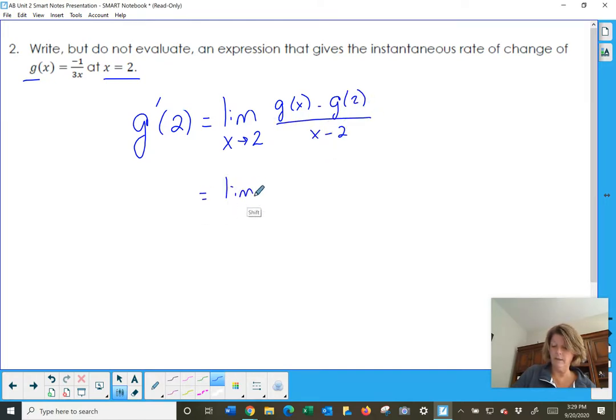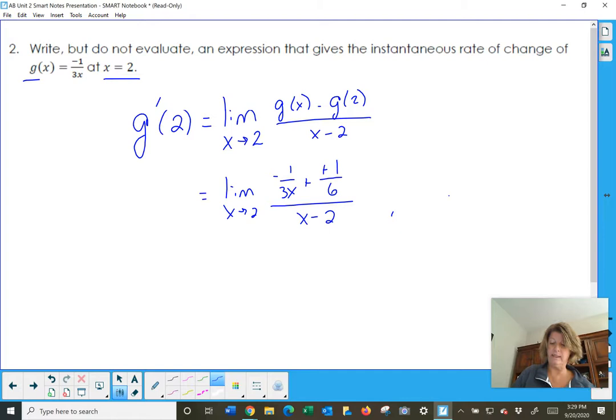Our g function is negative 1 over 3x. Plug in 2 and I'd have negative 1 over 6, over x minus 2.